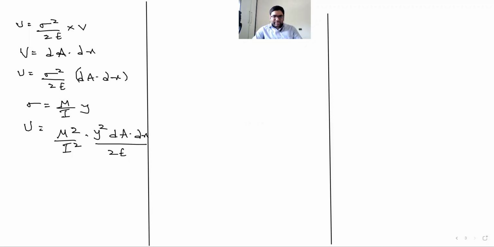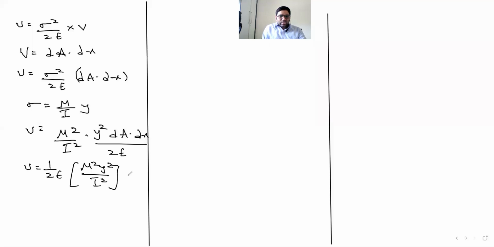To avoid confusion, this is a small u. So small u is equal to 1 by 2E into M square y square by I square into dA dx.